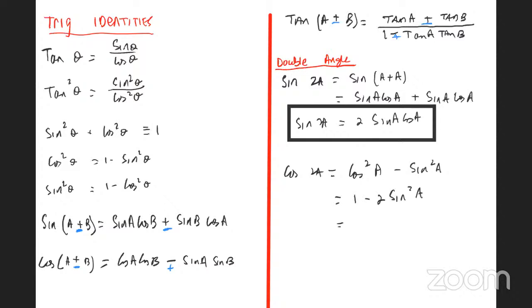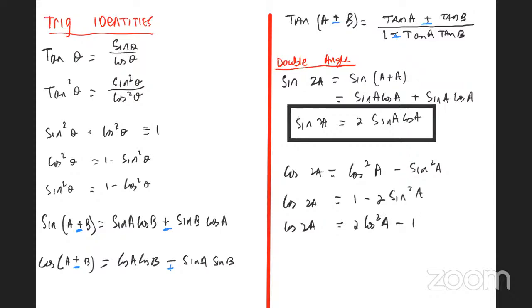All these are different versions of cos 2A. The most popular are the second two, right? If you replace sine squared with 1 minus cos squared, you shall get 2 cos squared A minus 1.